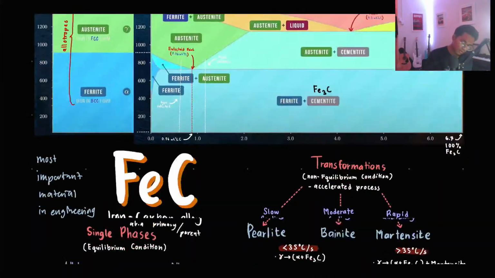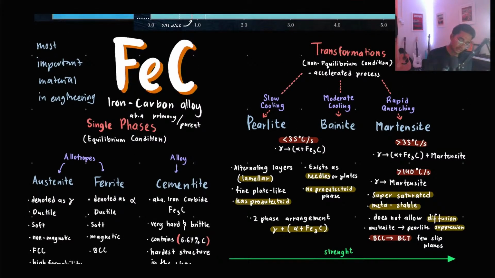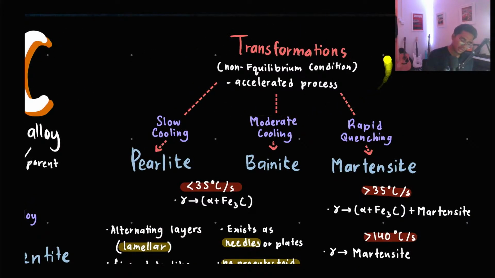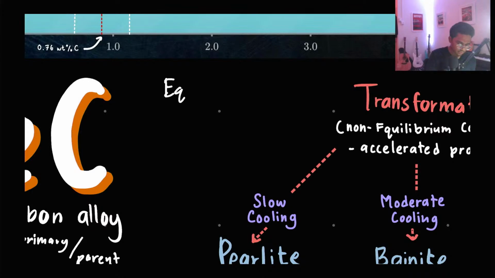Okay, so now that is the single phases of FEC. Now we enter transformations under the non-equilibrium condition. So what is the difference between equilibrium conditions and non-equilibrium conditions? Basically, equilibrium conditions is very slow and uniform.